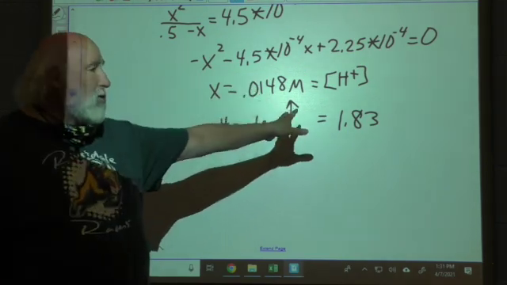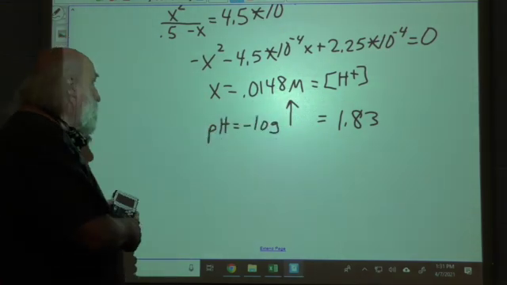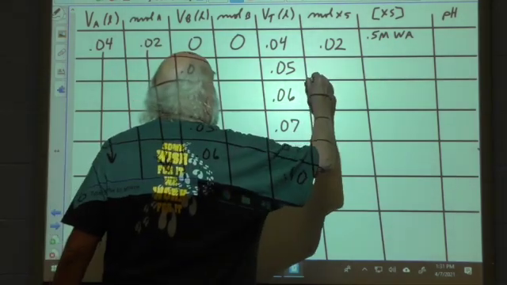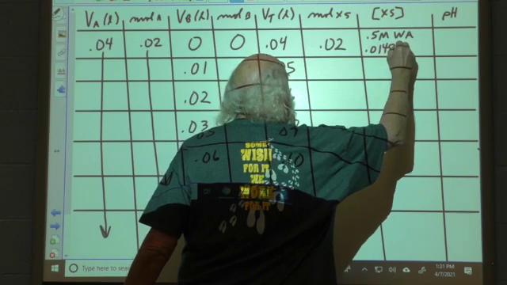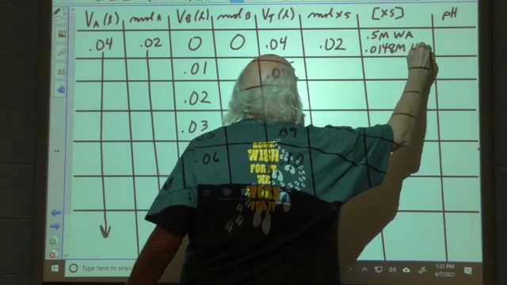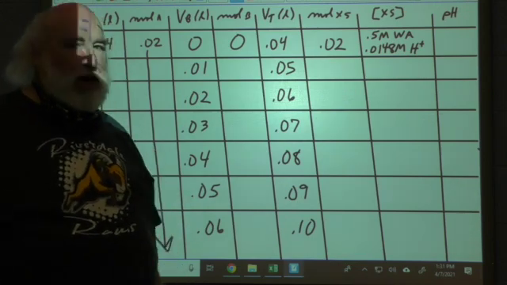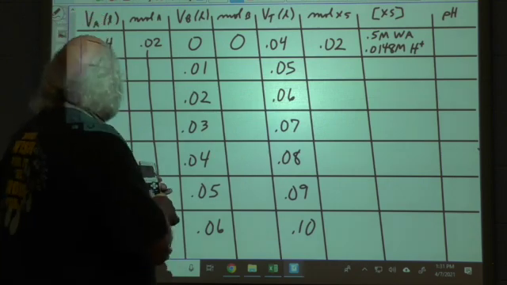So we have 2 values to put in our chart on the right-hand side: 0.0148 for our concentration, right here. And I'm going to put just H positive because it's not the weak acid anymore. It's the actual hydrogen ion concentration that helps us determine what the pH is going to be.